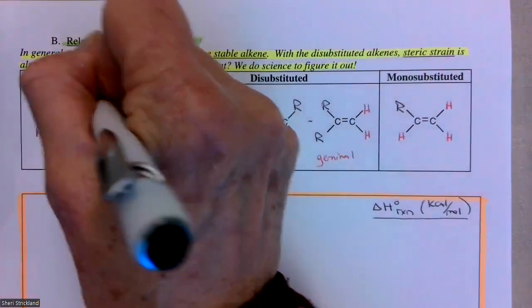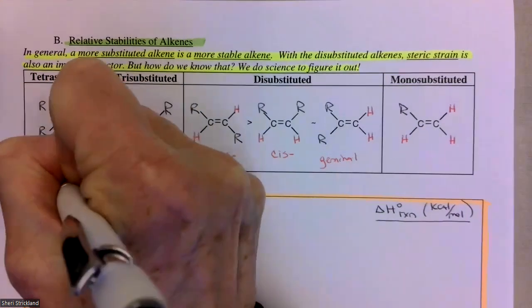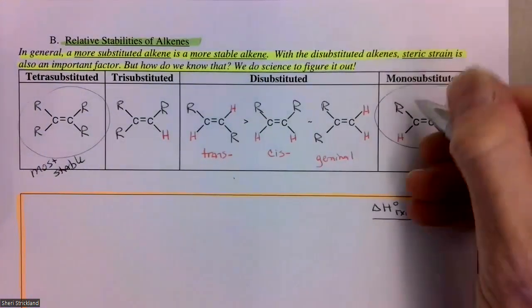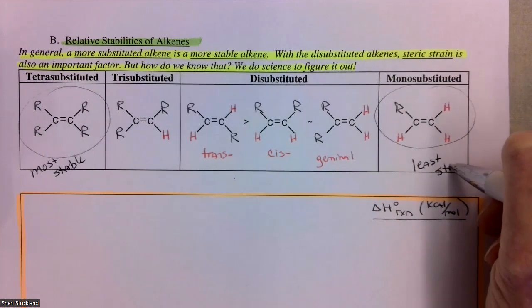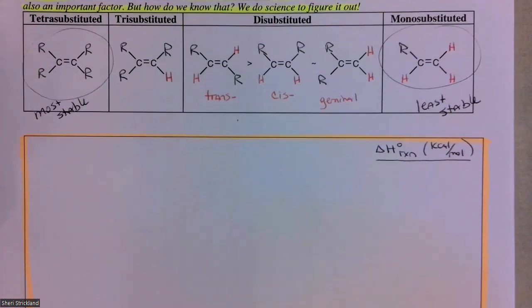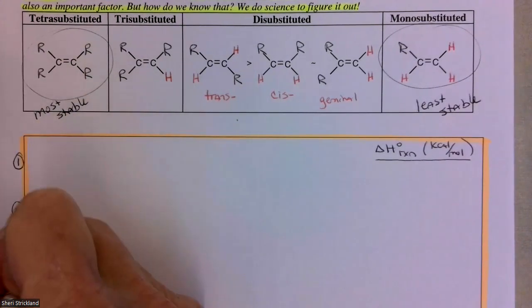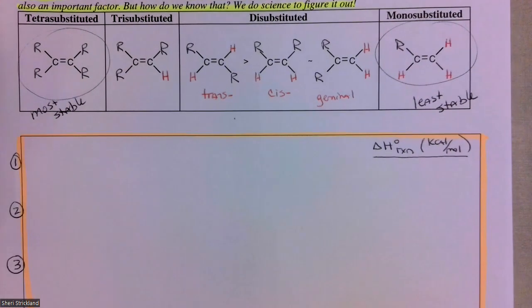So this is the most stable alkene, and this is the least stable kind of alkene. Okay, so 1, 2, and 3, and we'll have equations, and then we're going to look at some graphs down here at the bottom of the page.